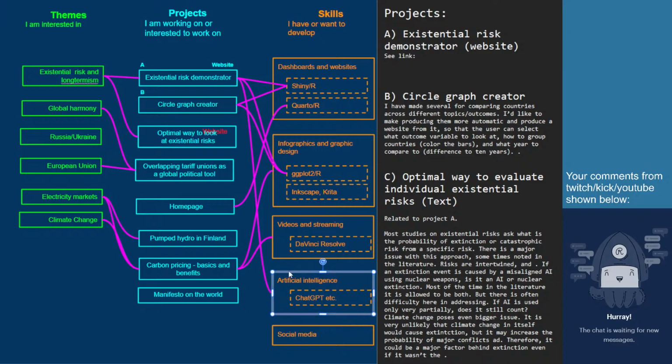Yeah, there's one interesting thing here that I've been struggling with a little bit. I want to make this kind of website in Shiny. I had those earlier streams about this, and I want to do it with Shiny, and I also have this ggplot2.